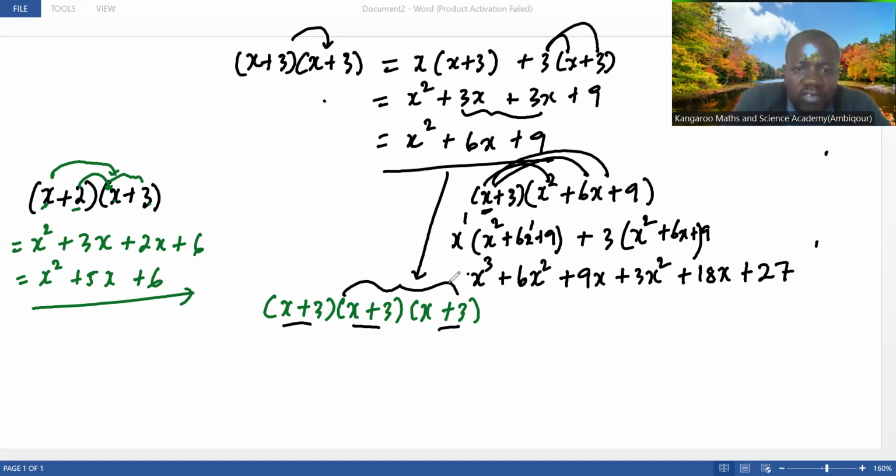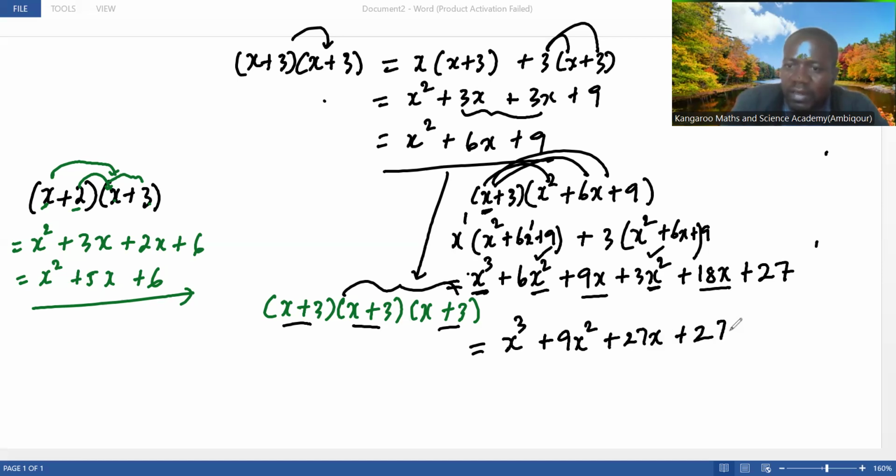Then after this, that's why you have to group the like terms. You check x cubed, you don't have any, so it's going to be x cubed plus this, and these are like terms. You see, apple and apple. So 6 plus 3, this is 9x squared. And same applies, these two are also like terms. 9x and 18x, this is 27x plus 27.